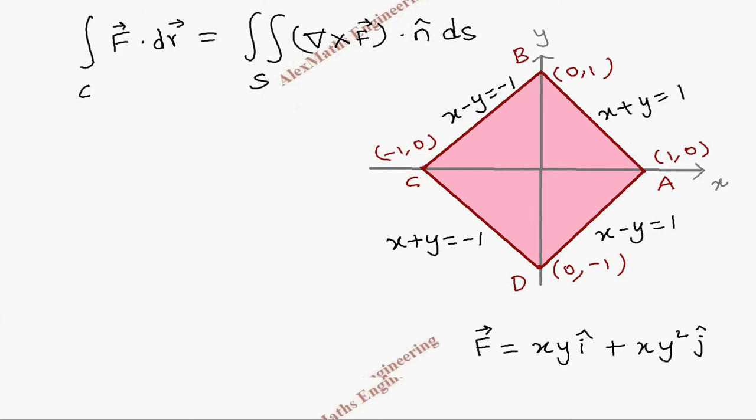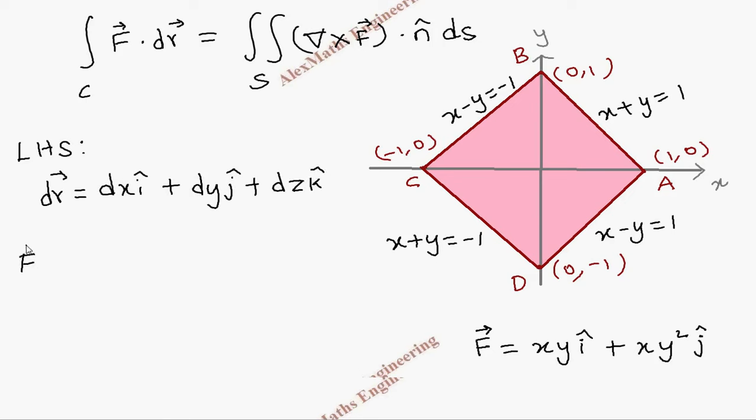Now we are going to take the left hand side of Stokes' theorem. In the left hand side we need F vector dot dr, and the dr vector is dx i cap plus dy j cap plus dz k cap.